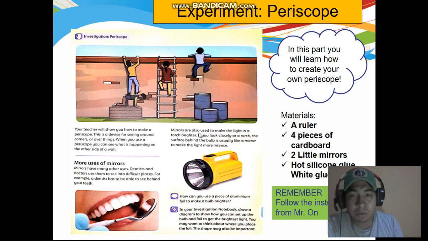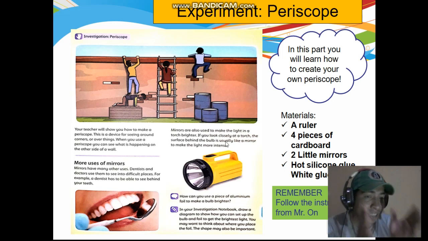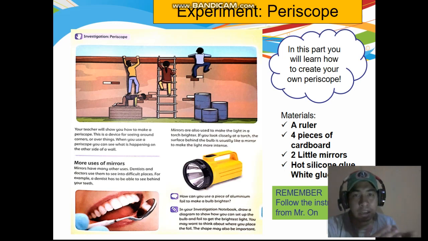Mirrors are also used to make the light in a torch brighter. We're gonna see that later in an experiment. If you look closely at a torch, the surface behind the bulb is usually like a mirror to make the light more intense. And this happens also to the light of the car.